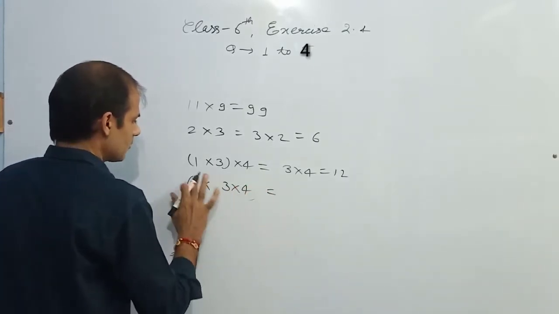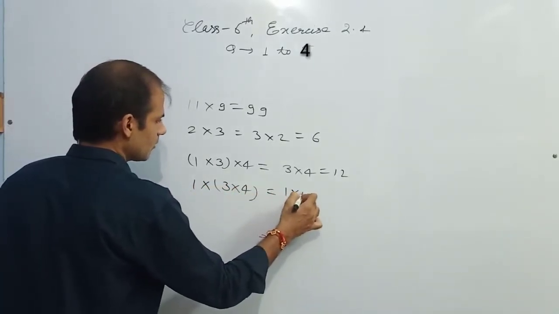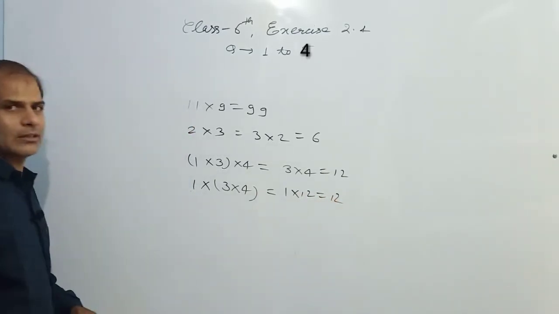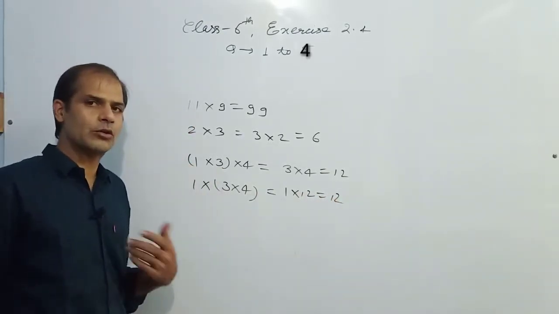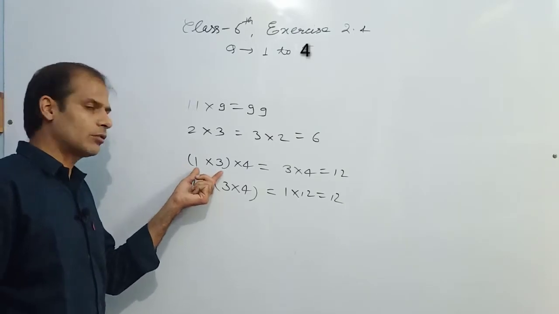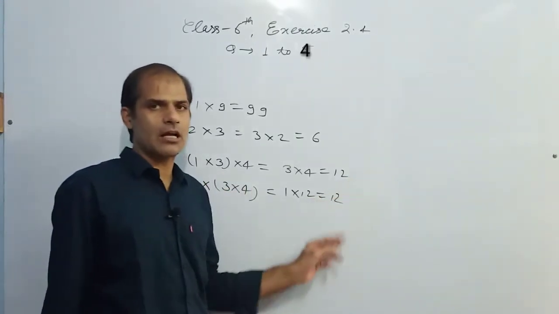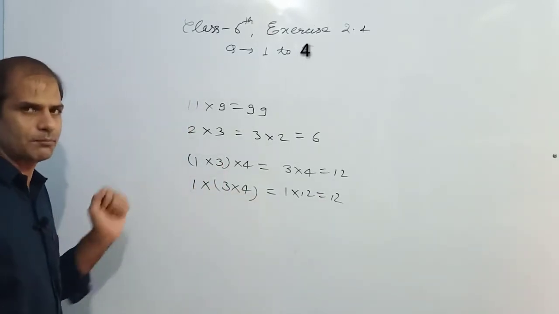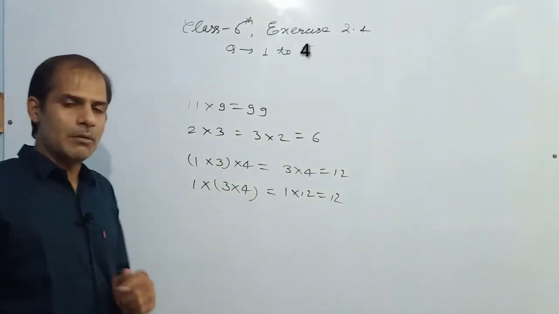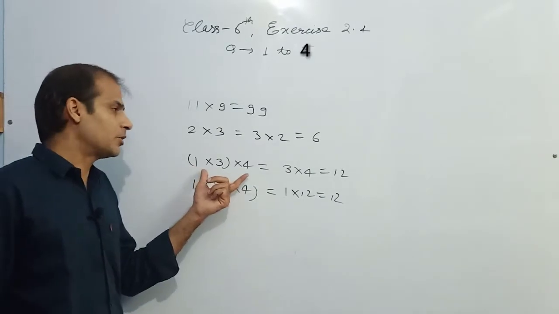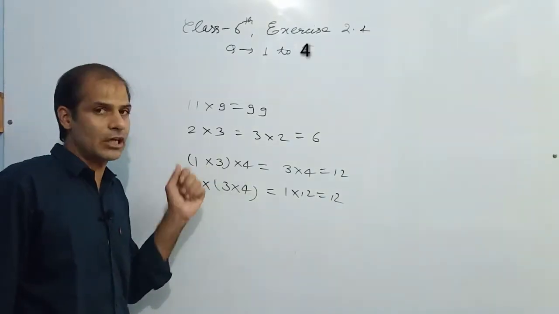Again the answer will be 12. So it doesn't matter how you regroup the numbers. Here 1 and 3 are associated, here 3 and 4 are associated. In both the cases the answer is 12. This is called associative property. Remember, associative property can be used with at least 3 numbers.